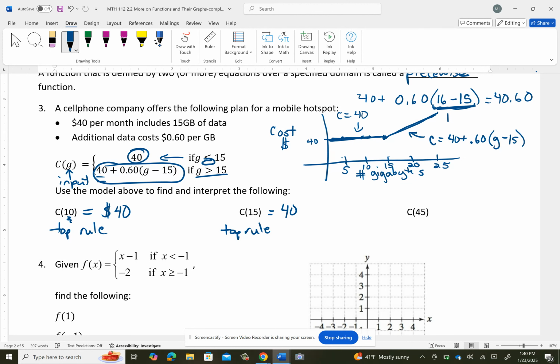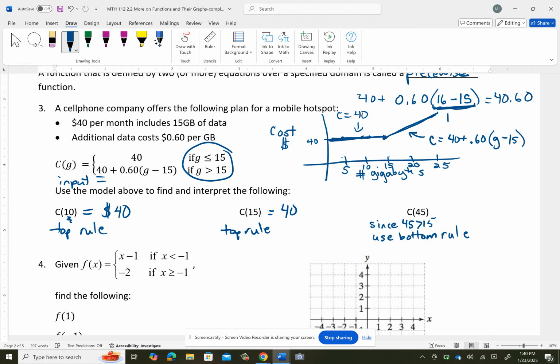Since 45 is greater than 15, use the bottom rule. Even though the conditions are written after, they're actually what you need to consider first, so you know which rule to use.